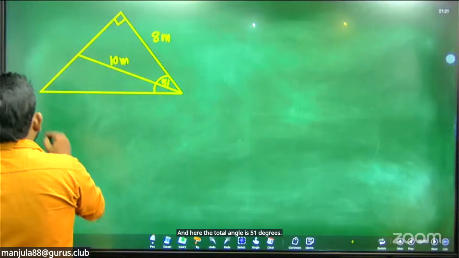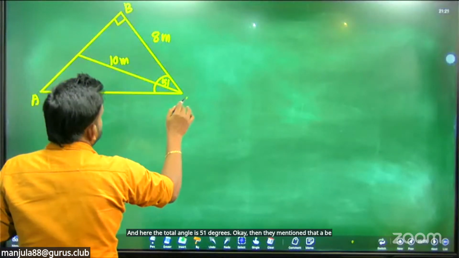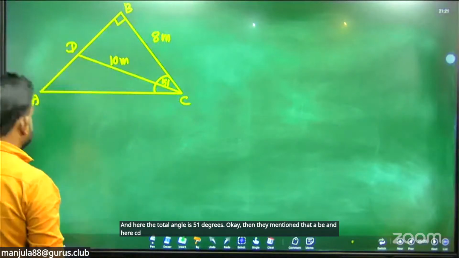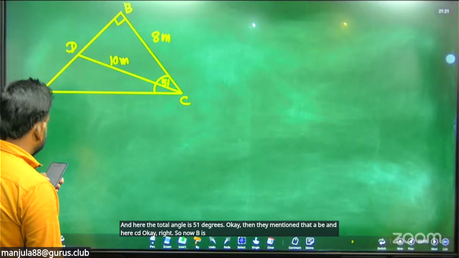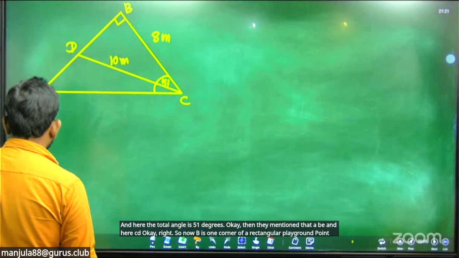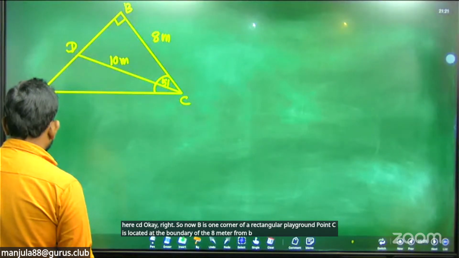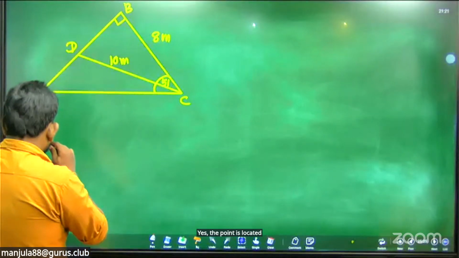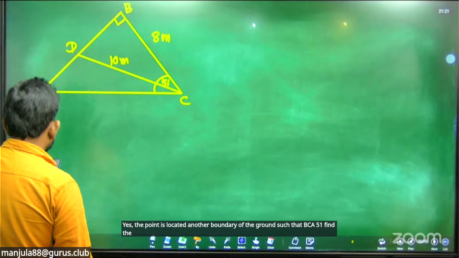Then they mention A, B, and here CD. B is one corner of a rectangular playground. Point C is located on the boundary 8 meters from B. Point A is located on another boundary of the ground such that angle BCA is 51 degrees. Find the distance AB to the nearest meter.